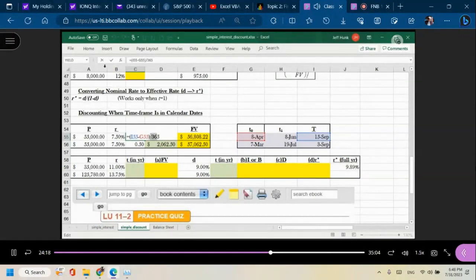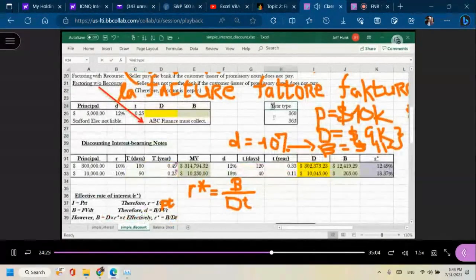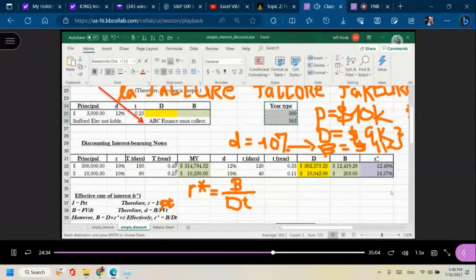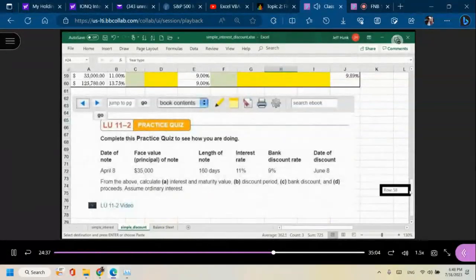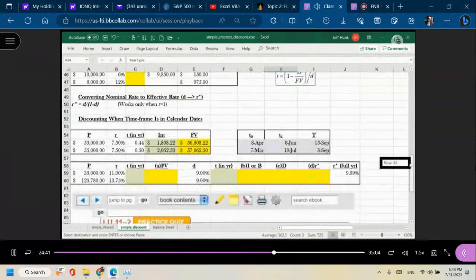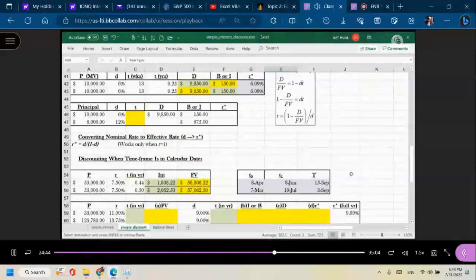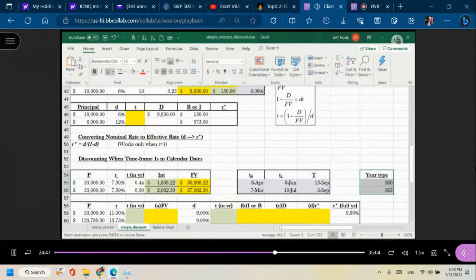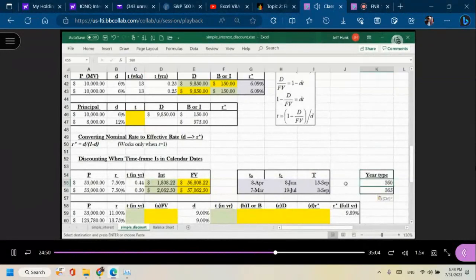Again, to give flexibility, let me copy that here, and let's change this to 365 and 360.